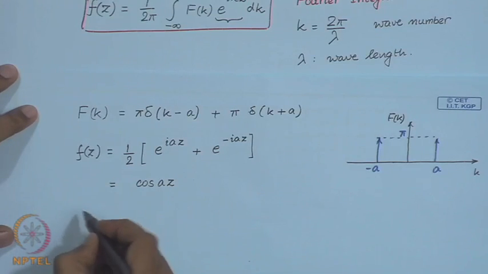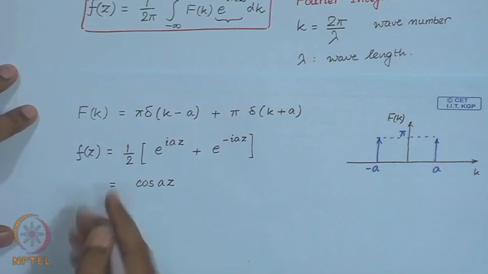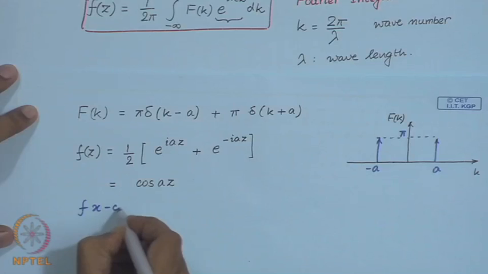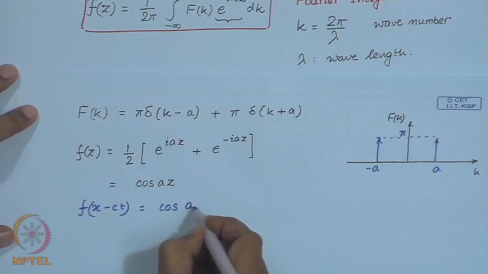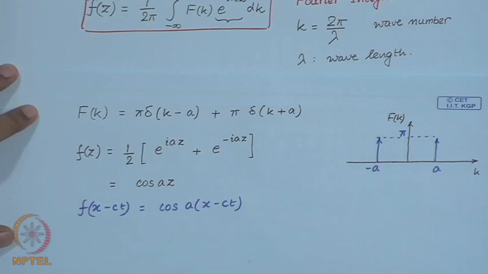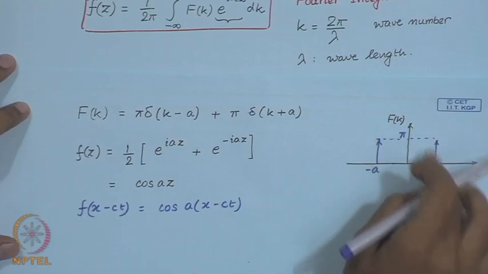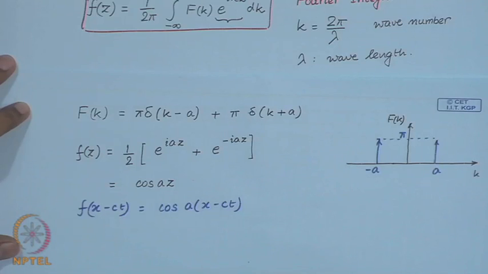So, if you want a propagating cosine wave, this is the representation, and this is the spectrum of the cosine function.